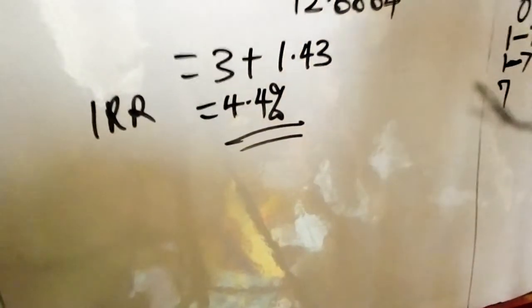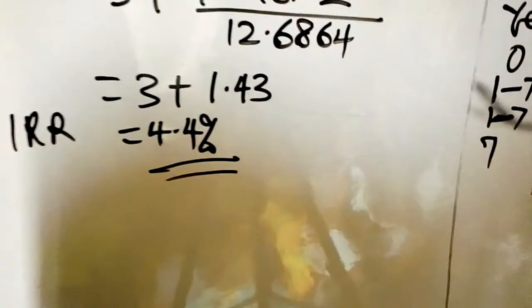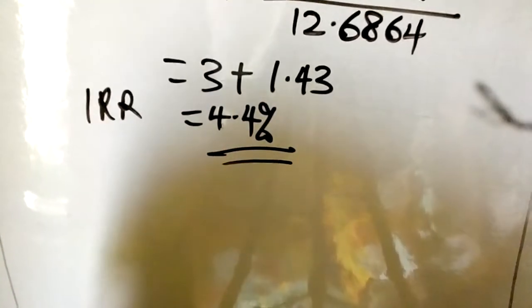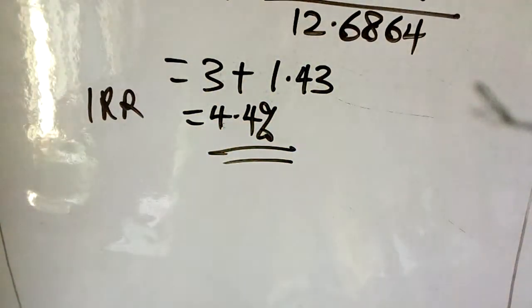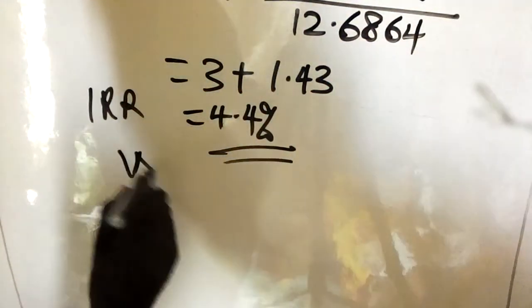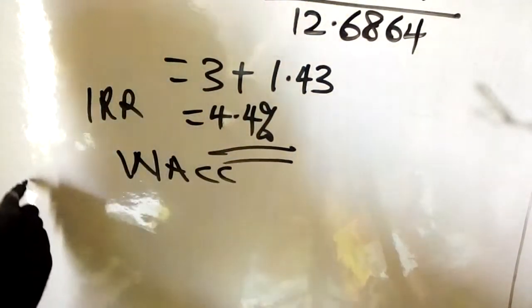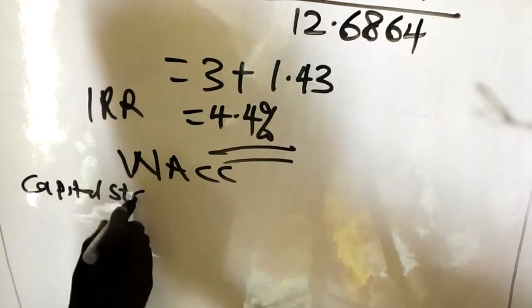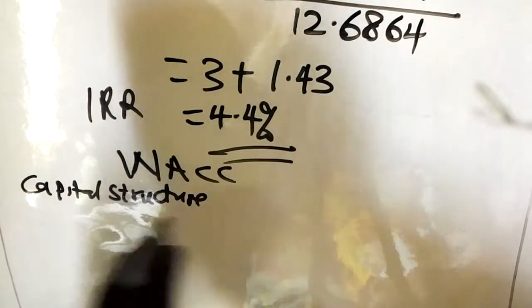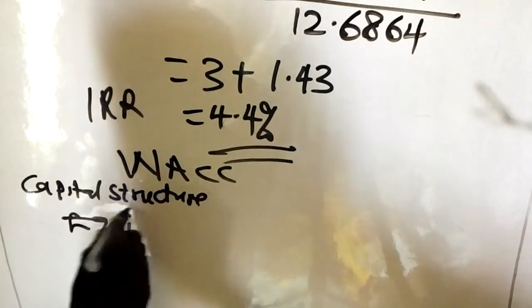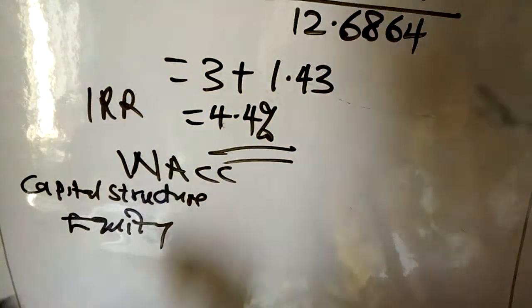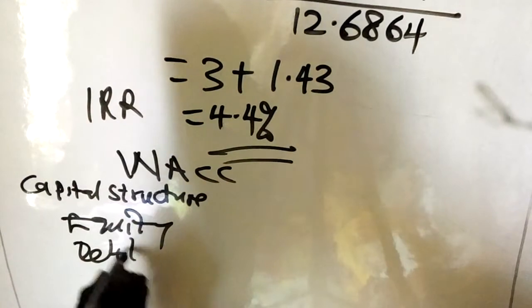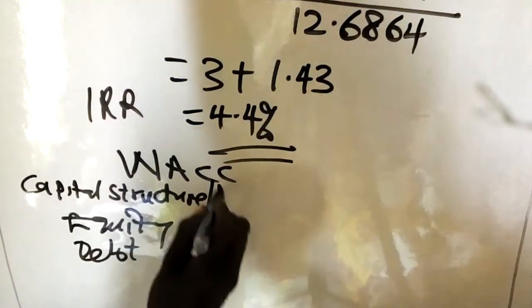The next thing is to compute the WACC, the weighted average cost of capital. For the purpose of WACC, we have the capital structure, which comprises equity and debt. Then we have the market value.